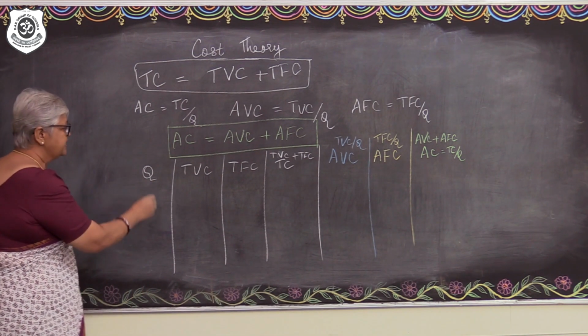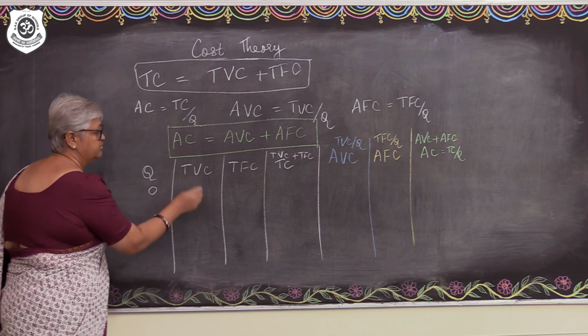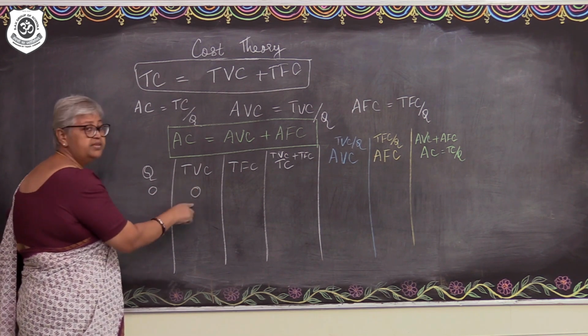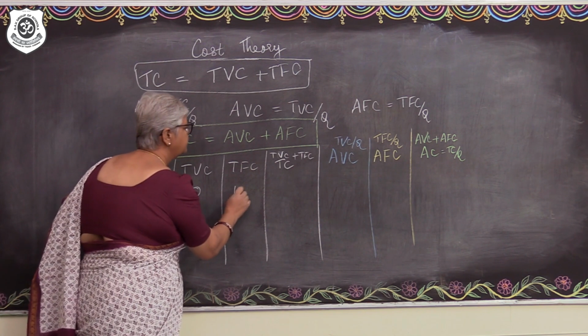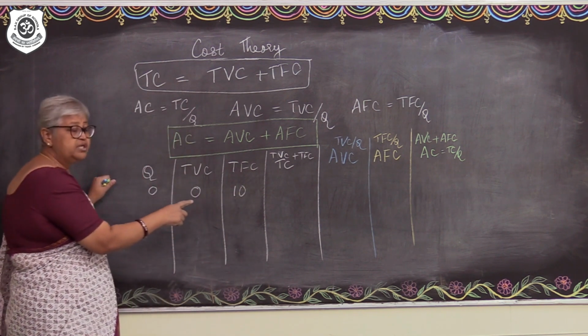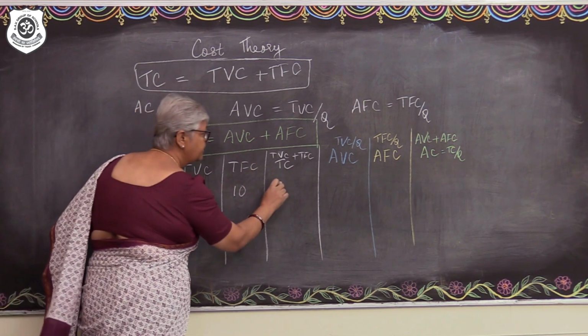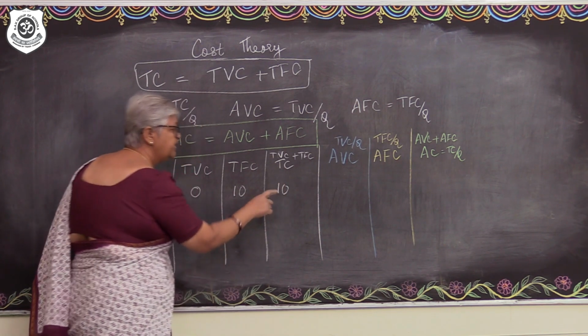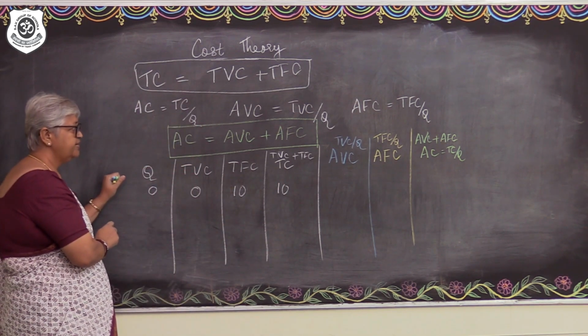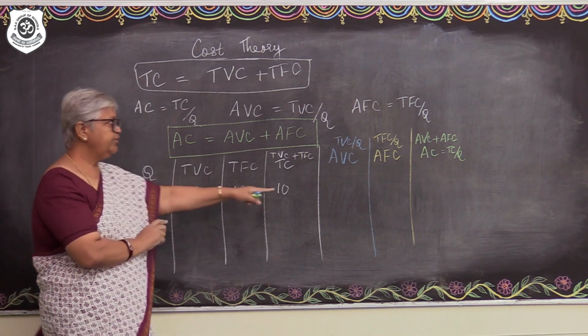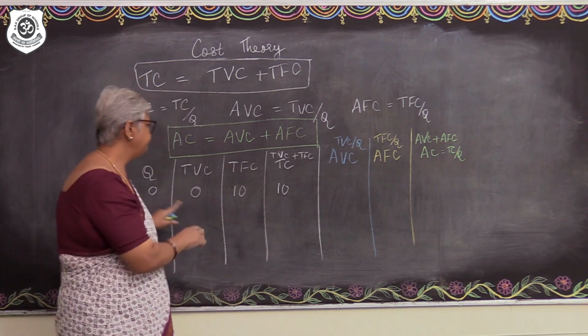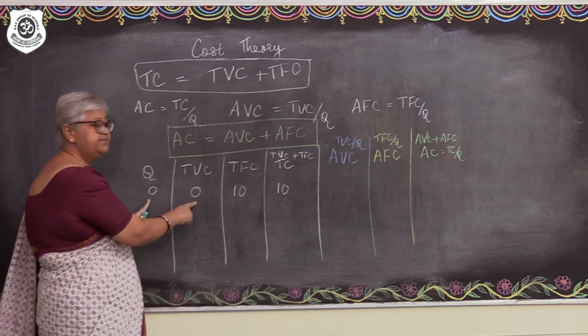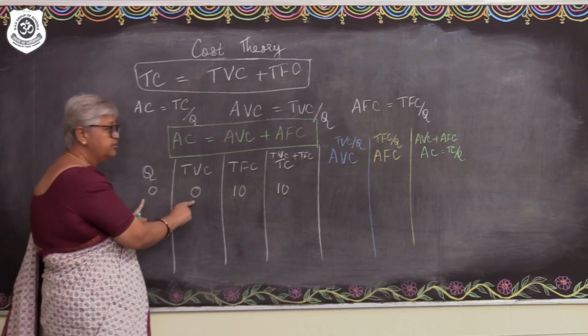So, let's start with 0 level of output. We know that the total variable cost will be 0 and the total fixed cost will be some positive amount. And because of that, the total cost will also be a fixed amount. Fine? Right? What about the average variable cost? Average variable cost will be TVC by Q. So 0 by 0.